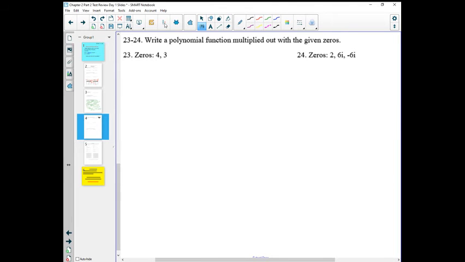On questions 23 through 24, it states write a polynomial function multiplied out with the given zeros. This also comes from section 2.4. In that section, we learned that if x equals a, so x equals some number, is a 0 of a polynomial, then the opposite value, x minus a, is a factor of that polynomial.